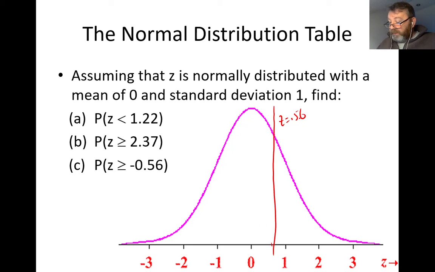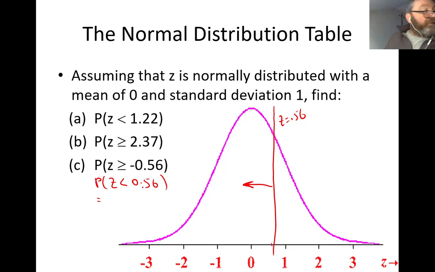So I'm using symmetry here. And the area to the left of that is readable by the tables. So instead of using this here, I've got to rewrite that as the probability of z being less than 0.56. See that? So greater than the negative or less than the positive. You can work that symmetry in perfectly. And now I simply go to my tables.